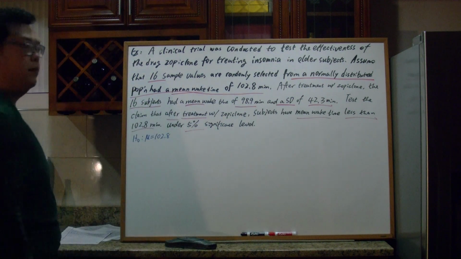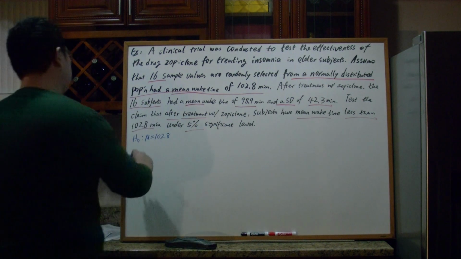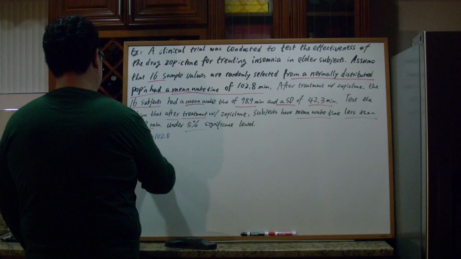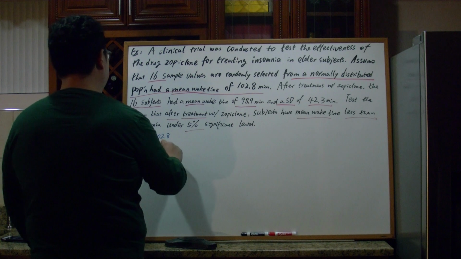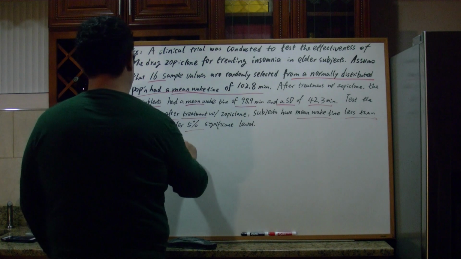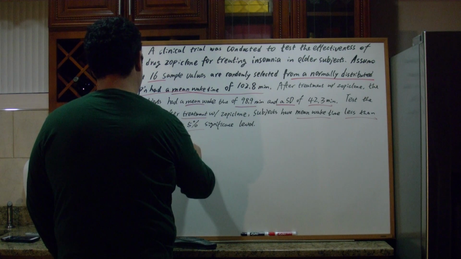Originally, we know that the population mean was 102.8, but after treatment it may still be 102.8, or it may be smaller than 102.8 minutes. So this is our left tail test.